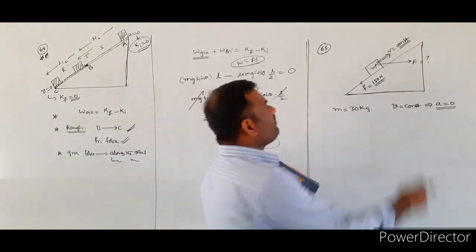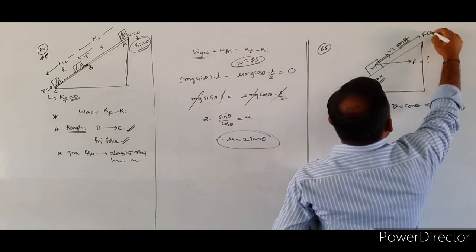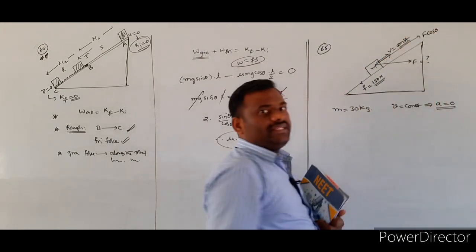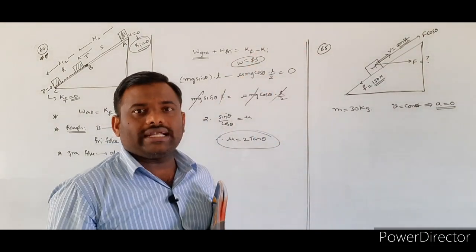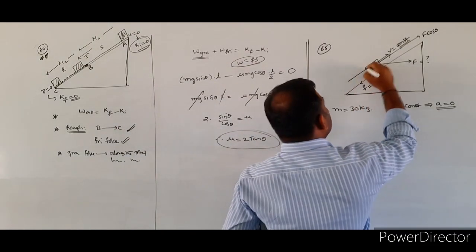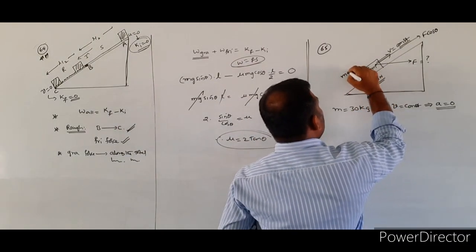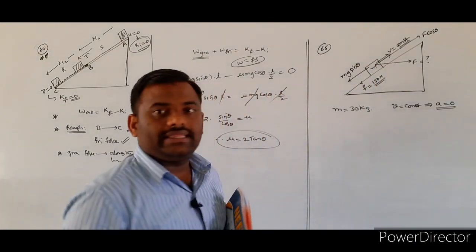So here, if a force F is acting in this direction, the component of the force acting along the inclined plane is F cos theta, and another force is acting in the downward direction, with value mg sin theta.